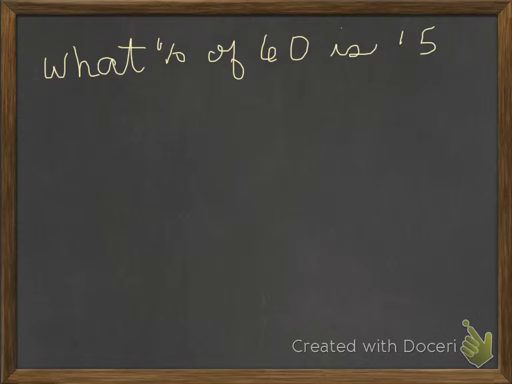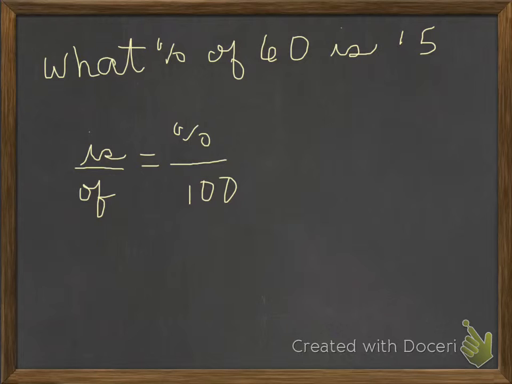Remember, our setup is is over of equals percent over 100. So we know we're looking for the percent. So we know what one side of the proportion is going to be. X over 100, because you don't know the percent. Percent is always over 100.